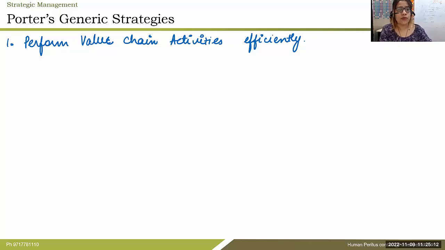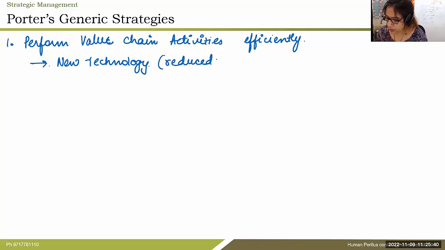So you need to perform value chain activities efficiently. Wherever you feel that the cost can be reduced to gain a higher profit percentage, you have to do that. For example, like you have used a new technology which has reduced human effort, which means less human labor.